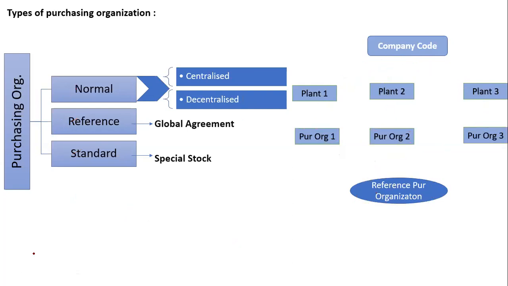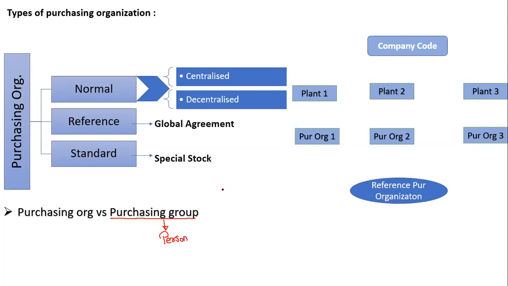Next, purchasing organization versus purchasing group. This purchasing group, we do not assign in the organization structure. Most important, we don't assign a purchasing group to anyone. It is just used for reporting purposes. That means the purchasing group is a person who is responsible for the procurement activities.